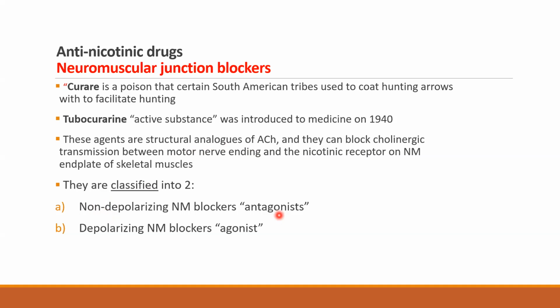Anything that occupies the receptor and does not allow the agonist to reach is defined as an antagonist, and it will not cause depolarization. It will interfere with the action potential. So that's why this is group A. Group B are classified as agonists because they will bind with the receptor and cause initial depolarization before they cause the muscle paralysis.